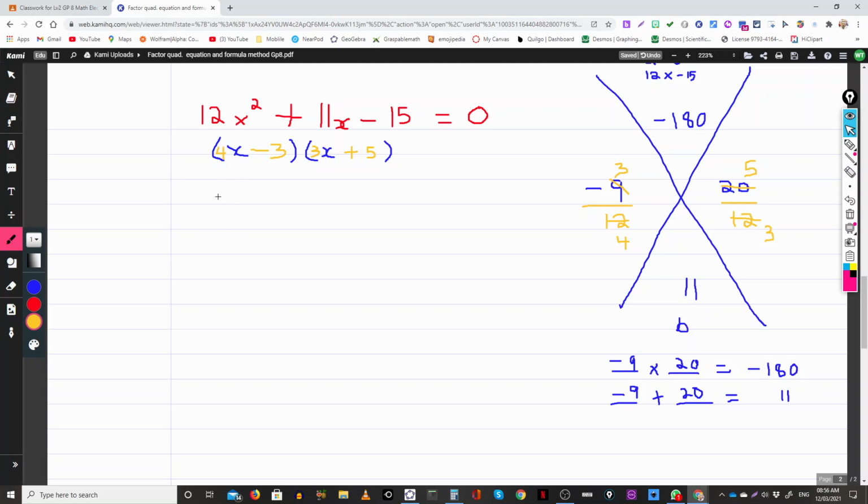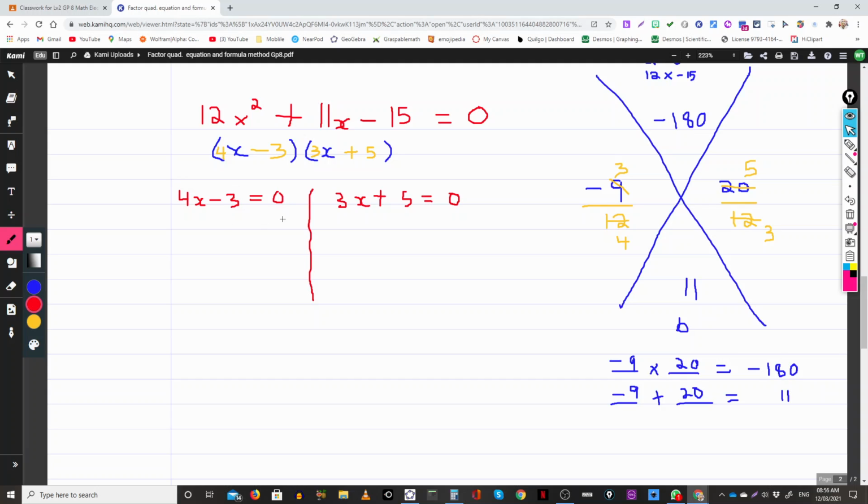Alright, so we're going to equate each one to 0 now. 4x minus 3 equated to 0, and the next one, 3x plus 5, we will equate to 0, and then we solve for x.